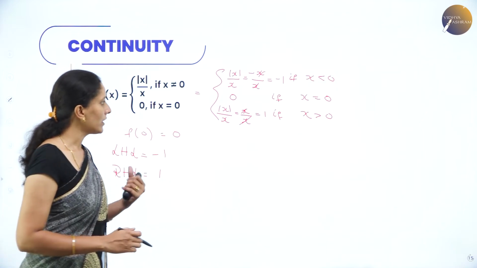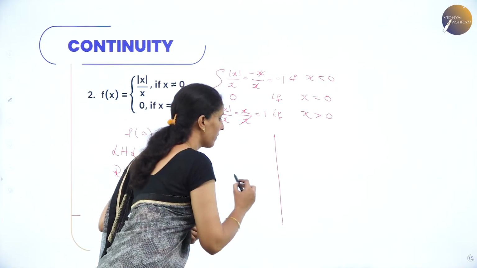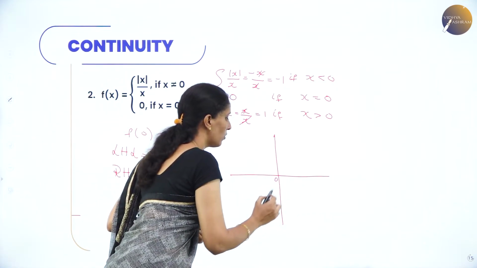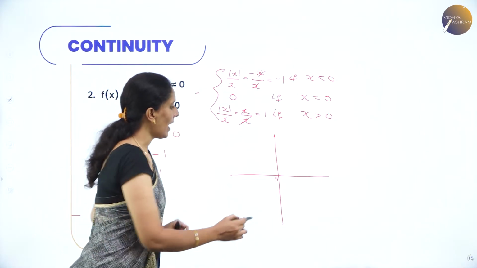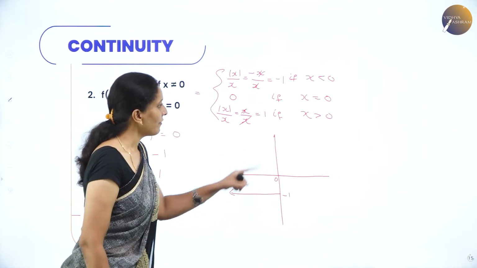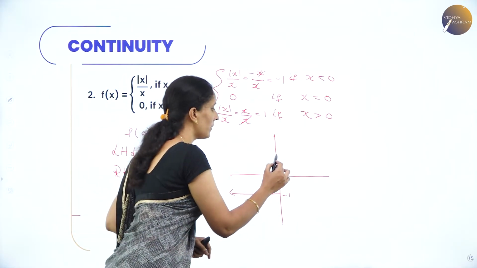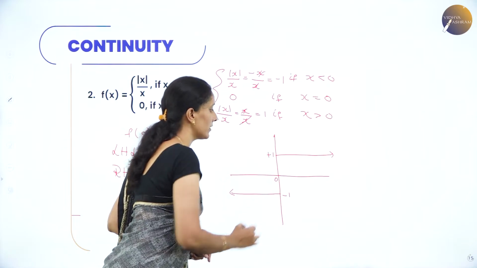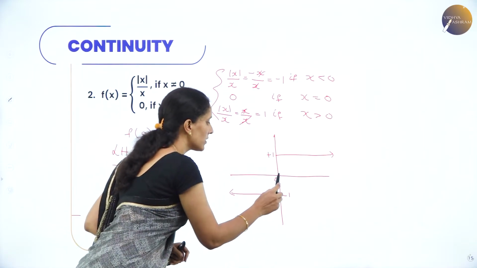If you draw the graph for this function, if this is 0, then for x less than 0, the value will be equal to minus 1. It will go on like this. So this is minus 1. And for x greater than 0, the value will be equal to plus 1. So this goes on like this. And for x equal to 0, this is 0.